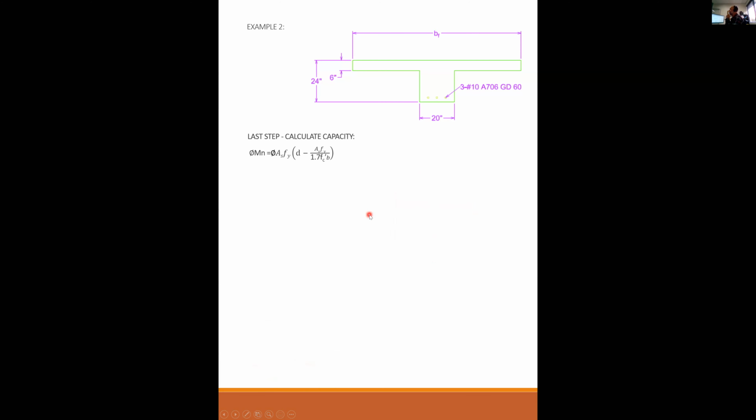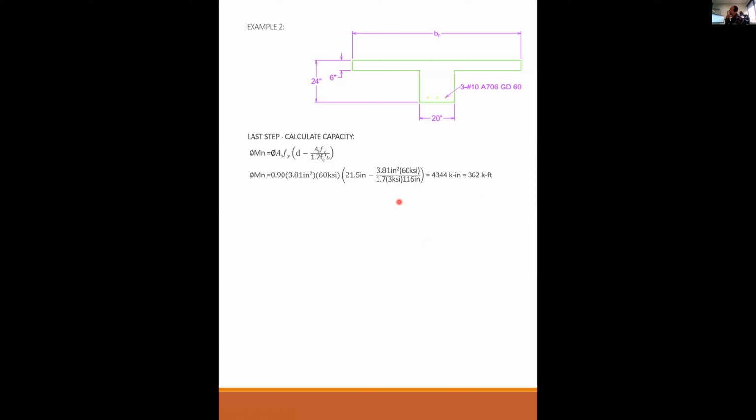Now I just need to calculate my capacity. This is being treated as a rectangular beam, so I can use my flexural equation. So I plug in my area of steel, my yield, d, As, fy, f prime c, b effective, and I get 4344 kip-inch or 362 kip-feet. And that's the answer to this problem.